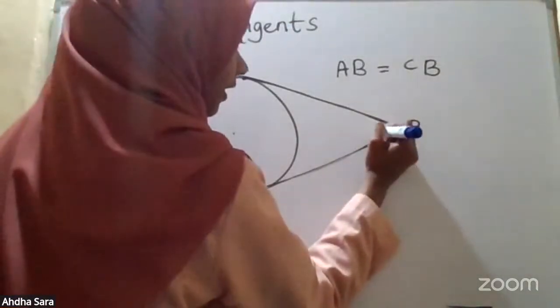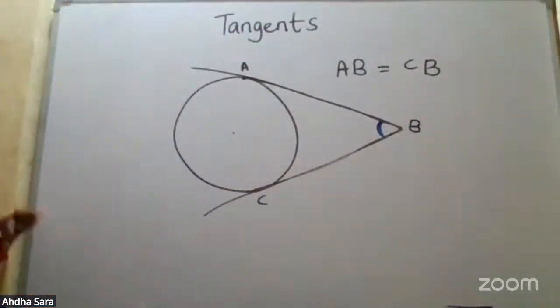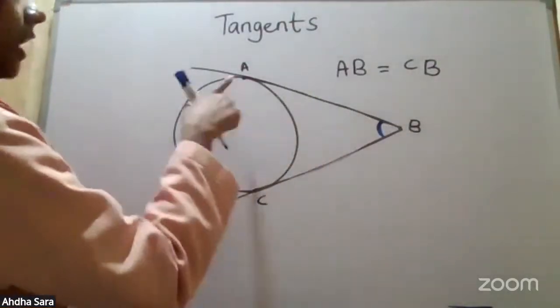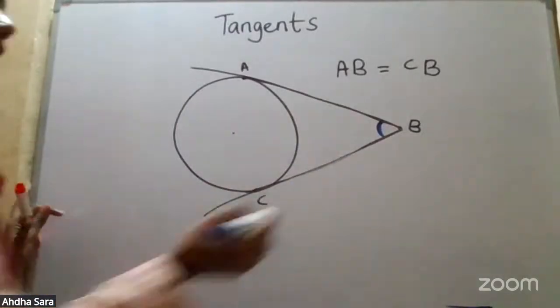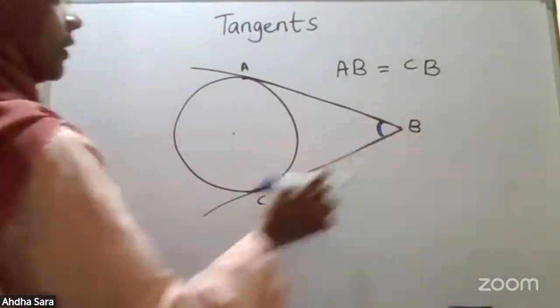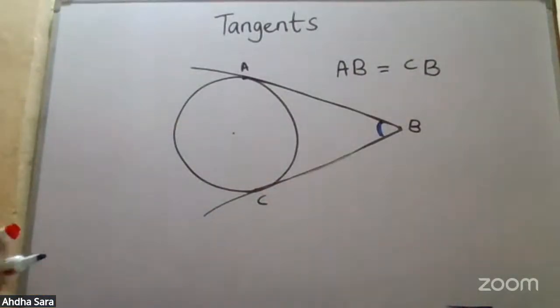Now you have an angle that is formed between the tangent AB and the tangent CB, an angle formed between two tangents.